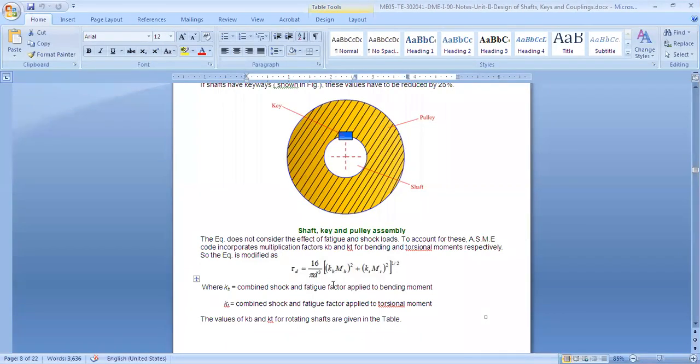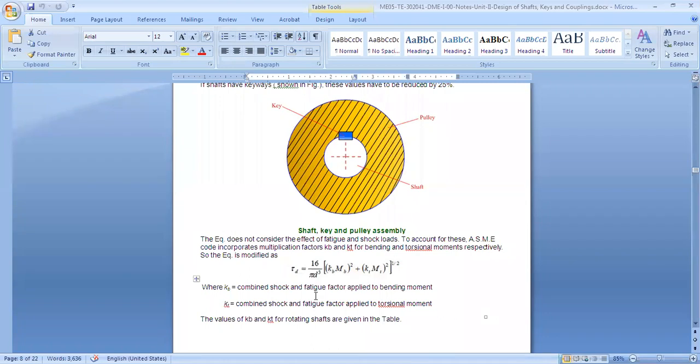So now it is basically the same formula, but we have new factors. First is the factor for the stress, that is either 0.3 of SYT or 0.18 of SUT. Multiply that with 0.75, or reduce it by 25%, to consider the key weight. And then for bending moment and twisting moment, we have factors.